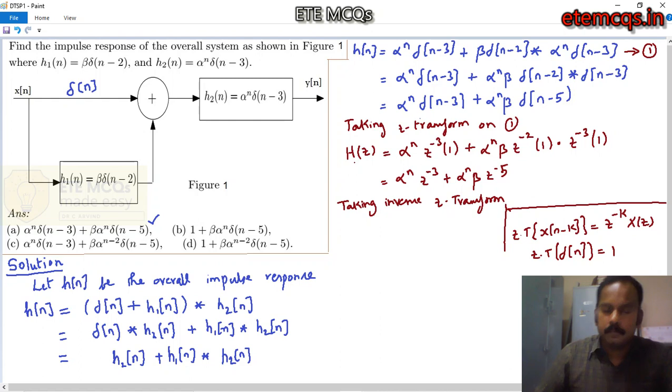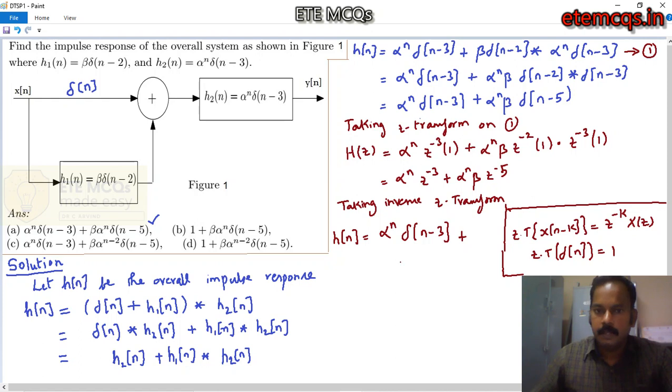Taking inverse Z transform, H of z on taking inverse Z transform produces h of n, which is equal to the constant alpha power n, and the inverse Z transform of z power minus 3 is del of n minus 3, plus the second term, alpha power n into beta.